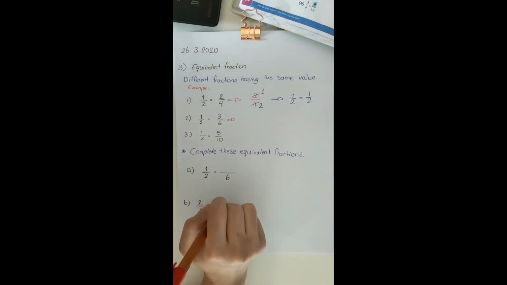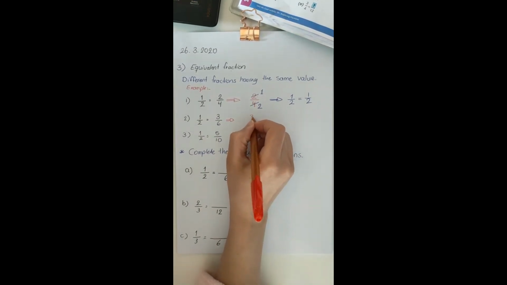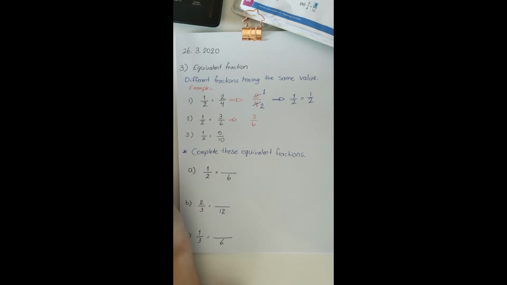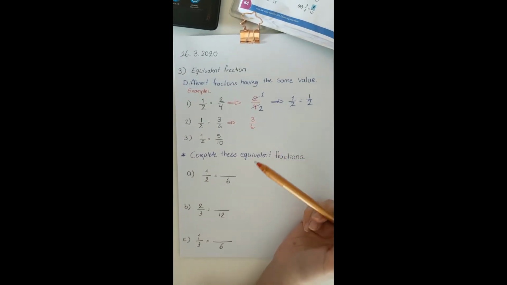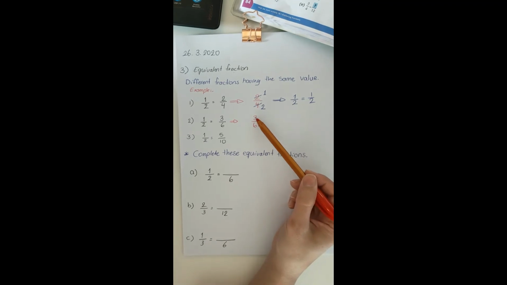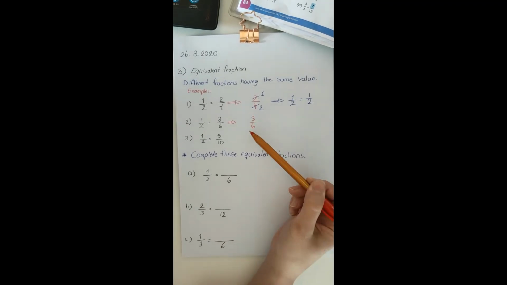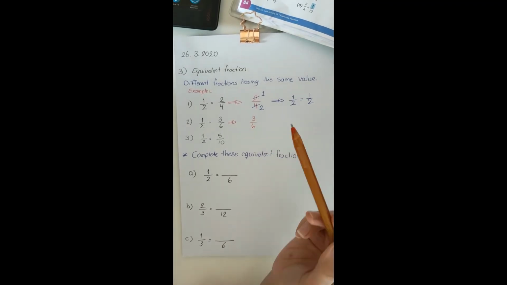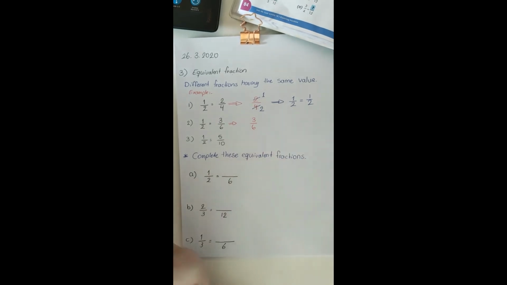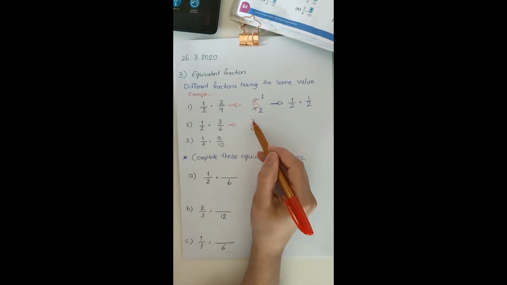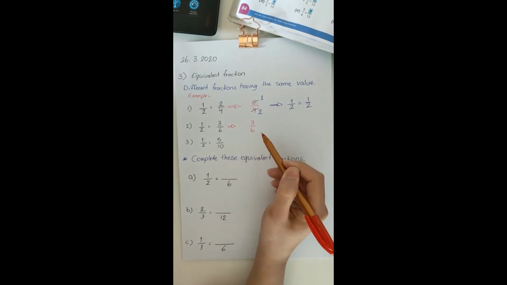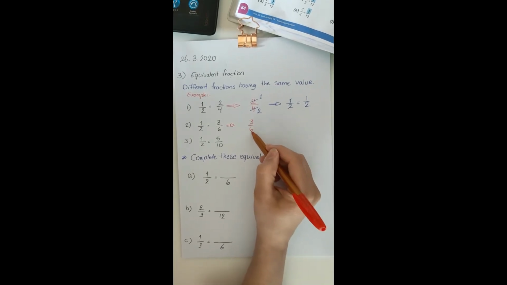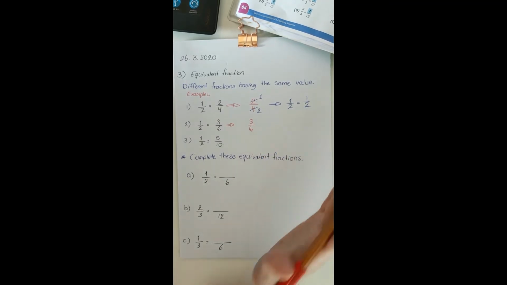Let's do the second one. I have 3 over 6. Now, I'm looking for a number that I can divide 3 by and 6 by. It should be just one number. So I cannot divide 3 by a number and 6 by a different number. So both of them should be divided by the same number.